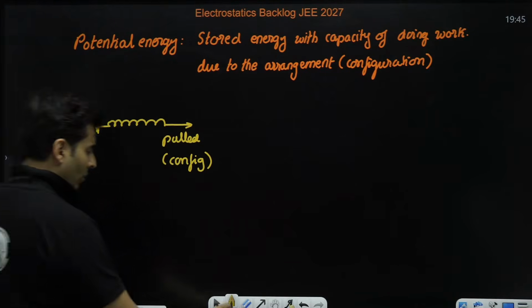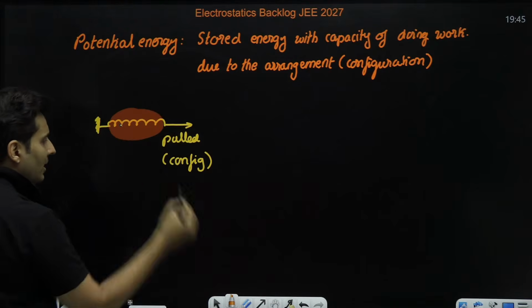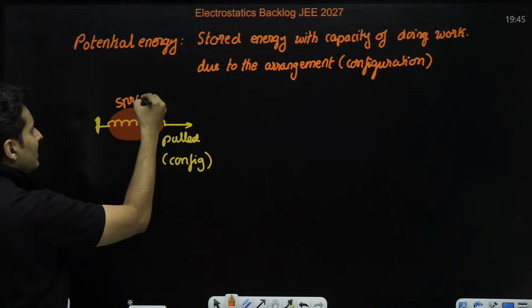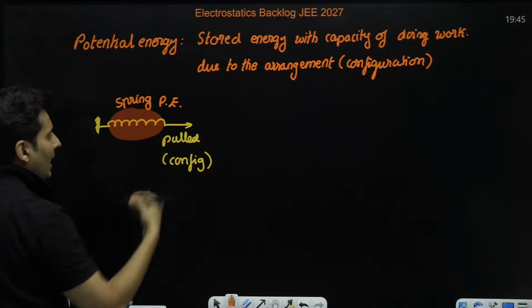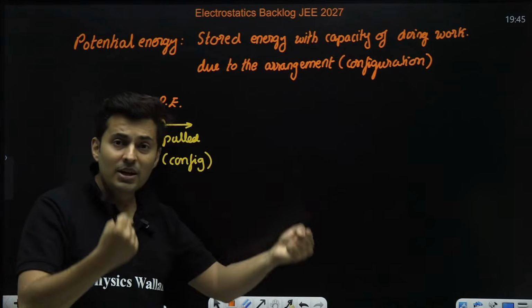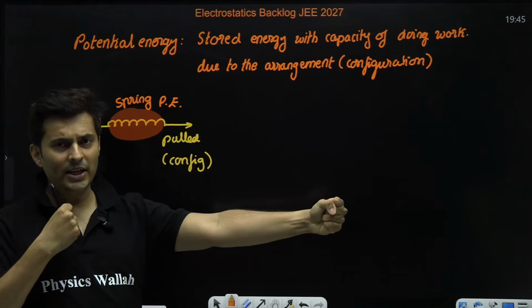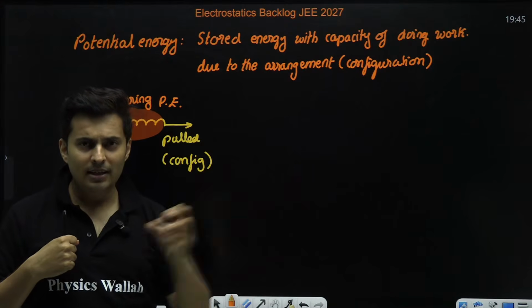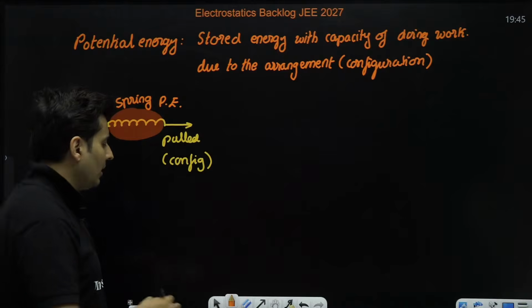So I know for a fact that this spring has some spring potential energy in it, and I know that it has capacity to do work, because if I take that extended spring and I attach it to something, it will pull it and it will give it energy. It has done work on that particular object.